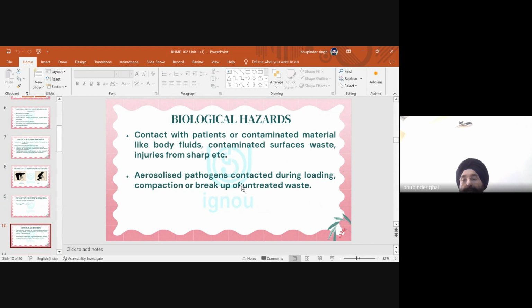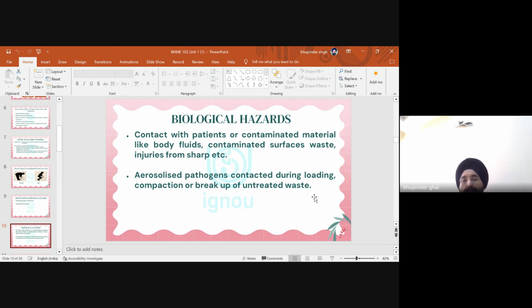Aerosolized pathogens are contacted during loading, compaction, or breakup of untreated waste. So when the biomedical waste is loaded on the wheelbarrows or in the truck, or when compaction is done. Compaction means when there is a stack of biomedical waste, to reduce its size, you need to compress it. During compression also, the aerosol or the dust will come into the atmosphere.